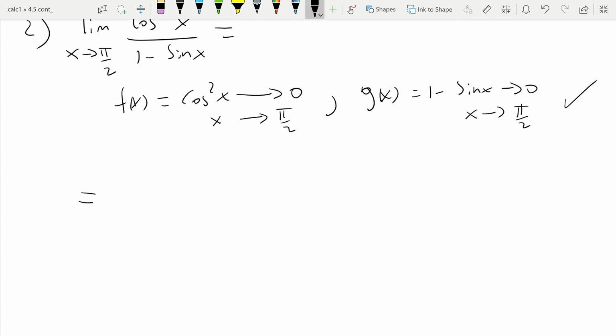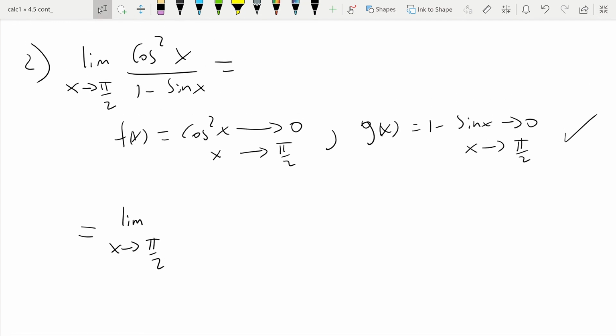And then we get that this is equal to the limit as x approaches pi over 2 of the derivative of the top, which is 2 cosine x times minus sine x. We're applying the chain rule, divided by the derivative of the bottom, which is minus cosine of x. So we can cancel the cosine of x and the minus signs here.